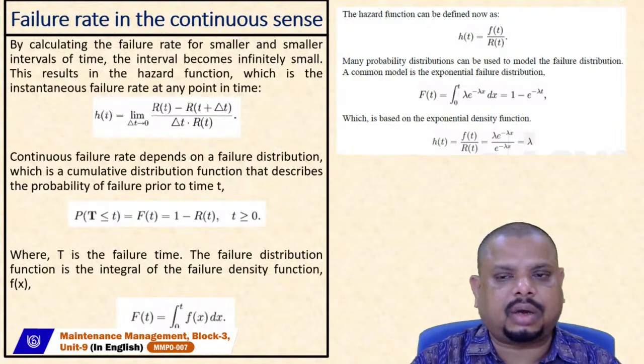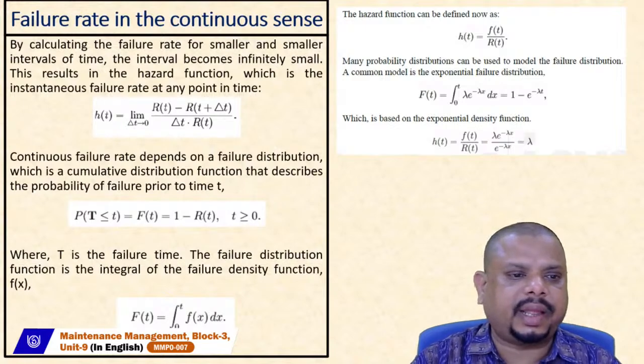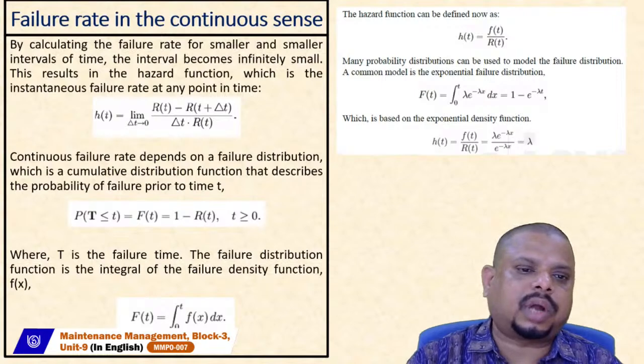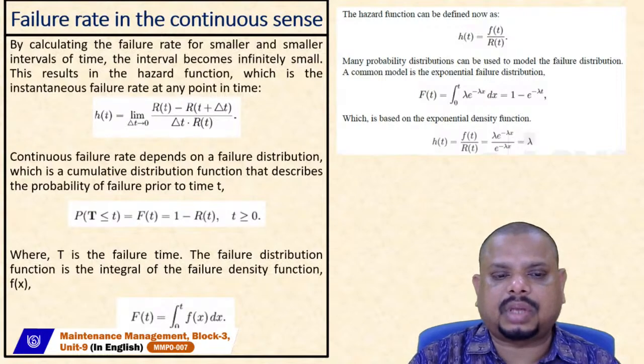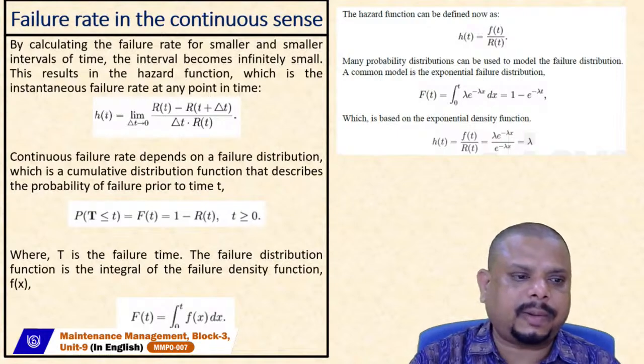That can be mathematically expressed as h(t) = limit delta t to 0 of [R(t) - R(t + delta t)] / [delta t * R(t)]. So this is equation 1.